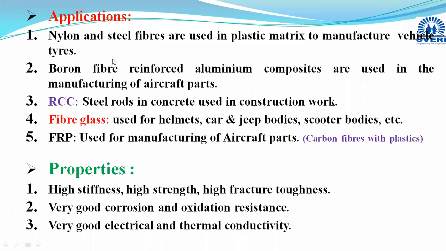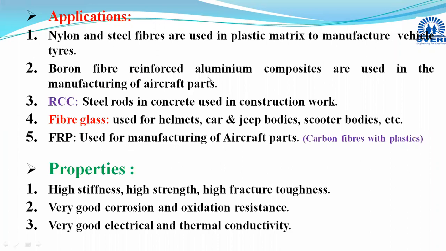Then we will get the vehicle tires which we can use. Another composite material is in aluminum. In the aluminum matrix we are introducing boron fibers. Due to these boron fibers, the tensile strength of that aluminum is increased.